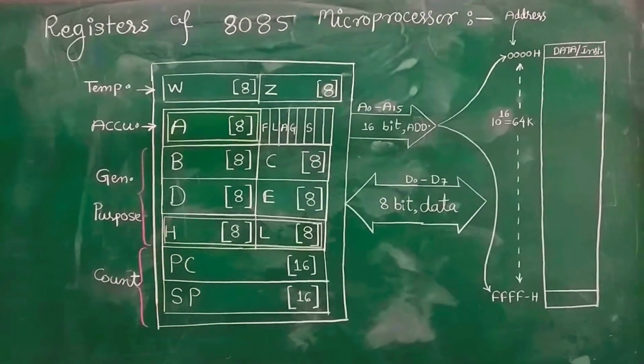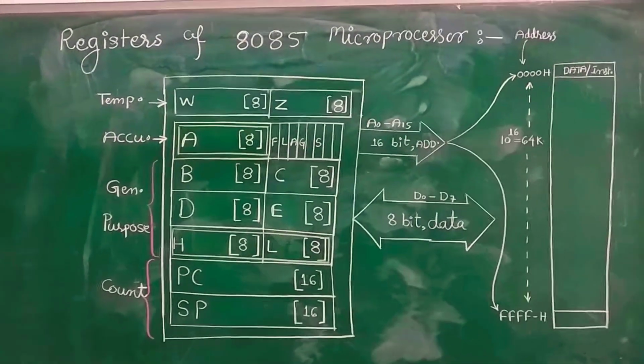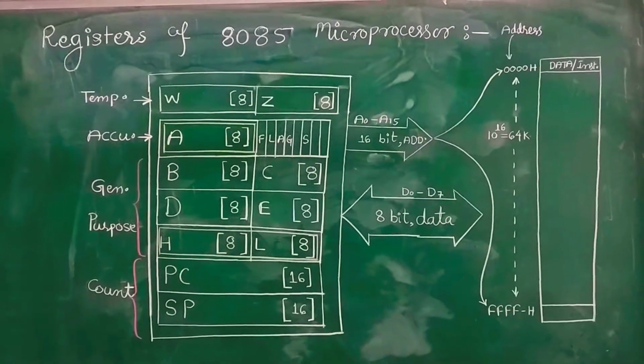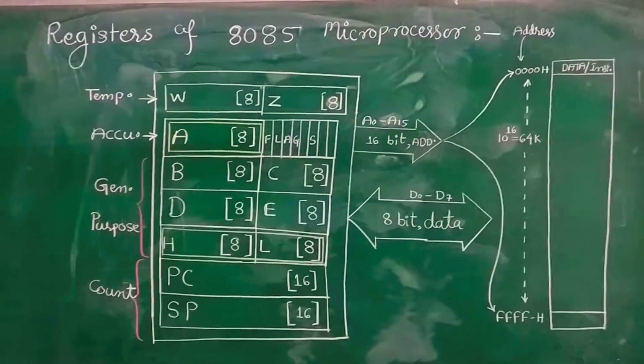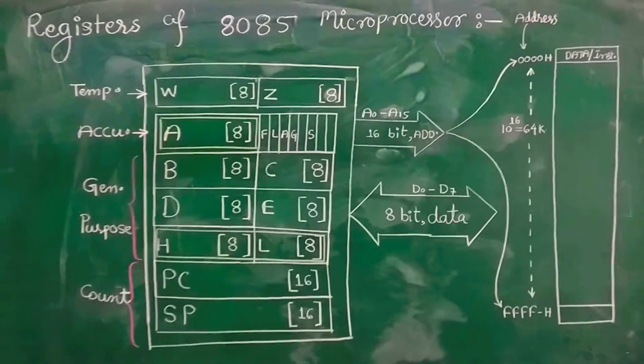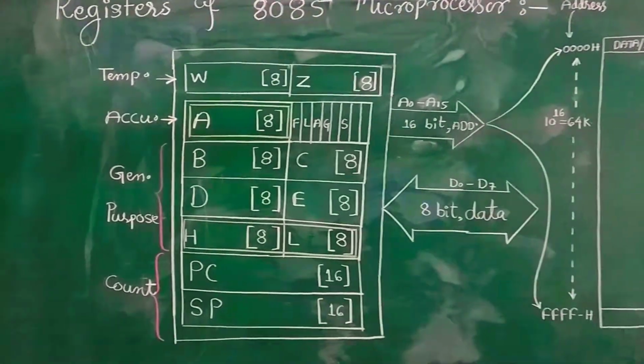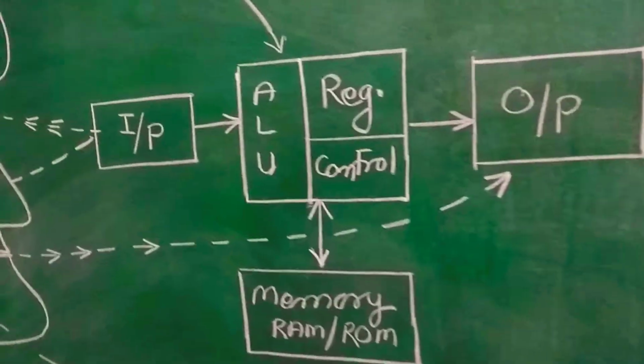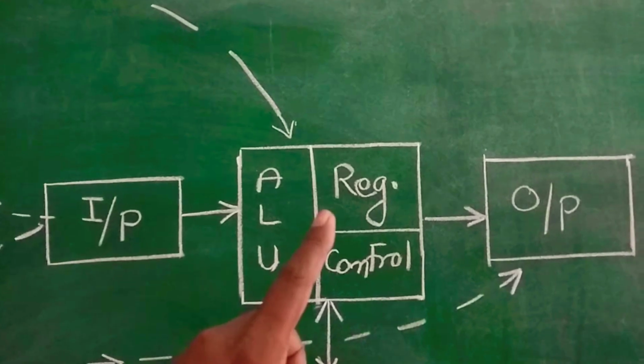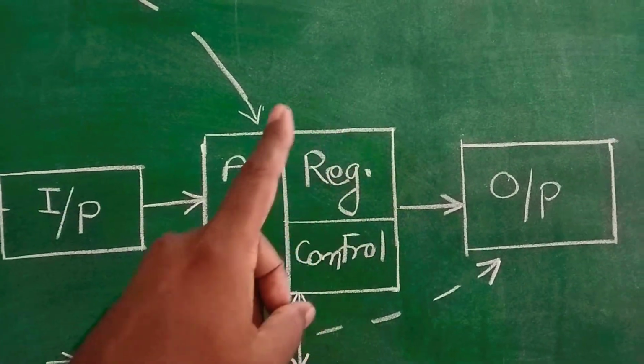This is lecture number 2, and in this we will understand what the different registers are which are kept inside the microprocessor. As we have already explained, in the microprocessor we have a set of registers.